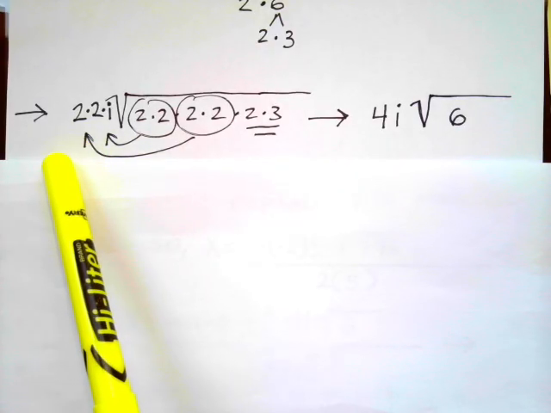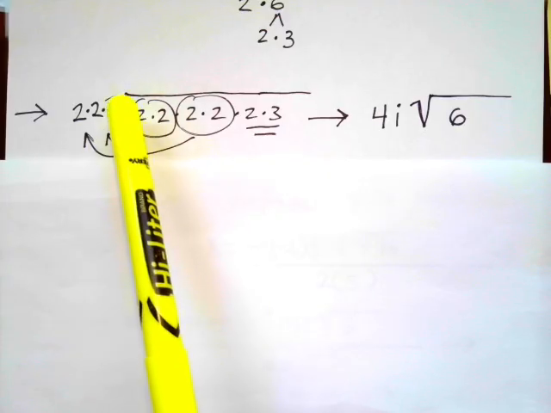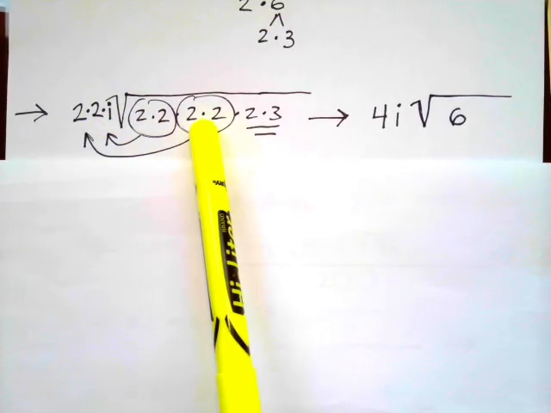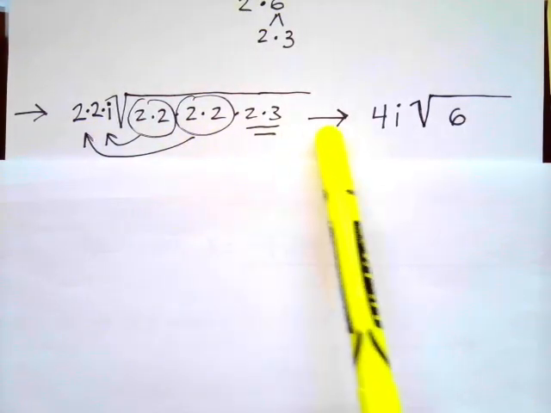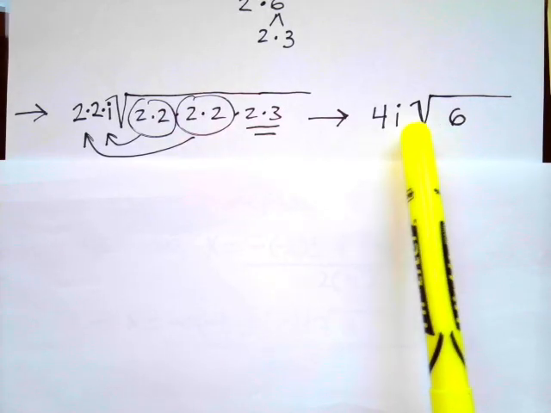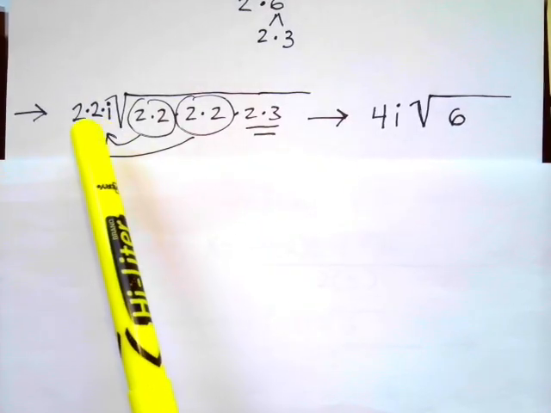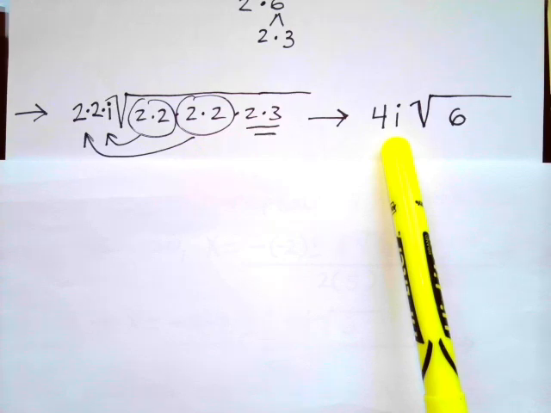In a cube root, you would need 3 of the same thing just to pull out one value. But we're going to stick with the square root. Again, 2 twos, I can pull out 1 two. 2 twos, I can pull out 1 two. The 2 and 3 are left inside. That's 2 times 3 is 6 inside the radical. 2 times the invisible 1i is 4. 4 times 1 is 4i.